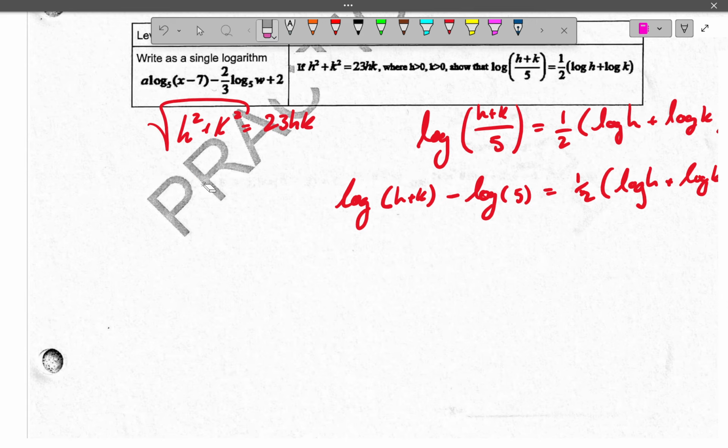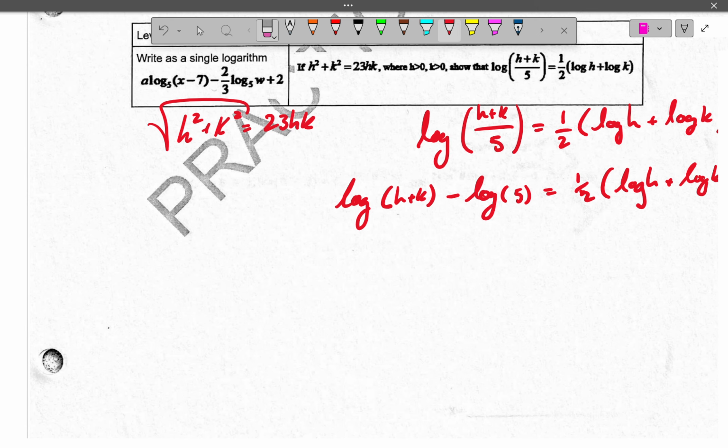This would be incorrect because you cannot take the square root and then square these two terms. When you're taking the square root, you're taking the square root of the whole thing, considered of itself. So this will not be equal to h plus k if you take the square root of both sides.